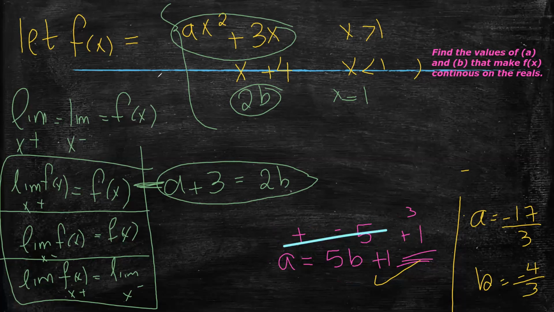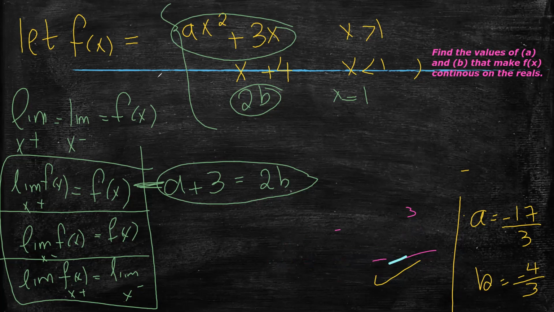Now, the second equation, which is the limit from the left equal to f of x. That means here, it was not x plus 4, it was 5bx plus 4.